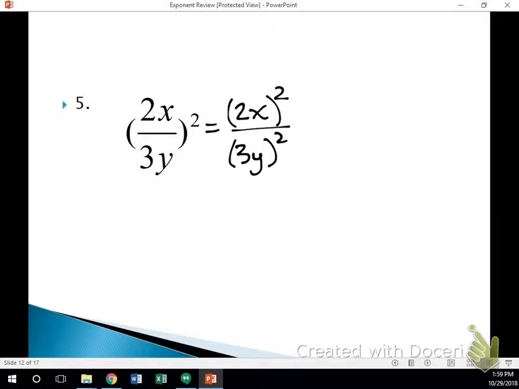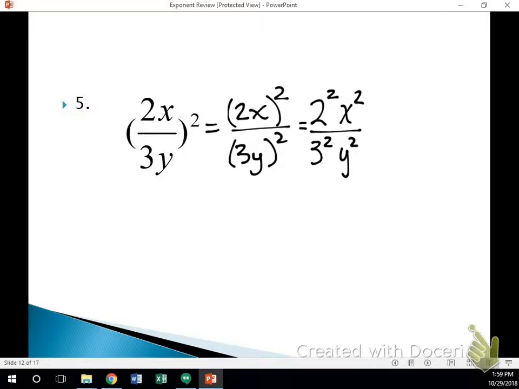But once I do that, then I can apply a product rule, because now in my numerator and in my denominator I have two bases inside parentheses with an exponent outside. So that means I can give that exponent to both bases. Same thing happens in the denominator. I've got two bases in parentheses with an exponent outside, so both bases can get the exponent.